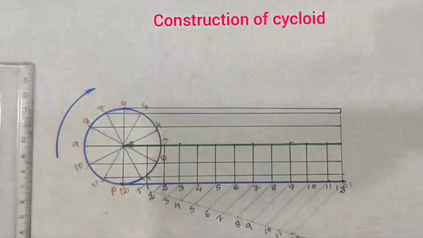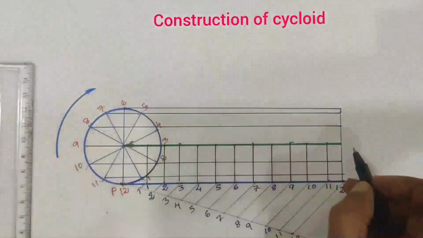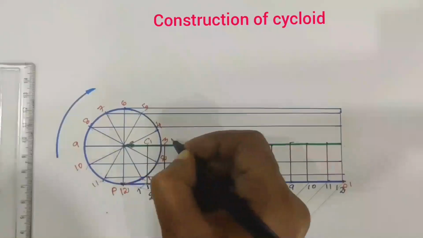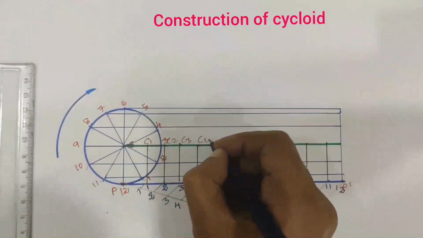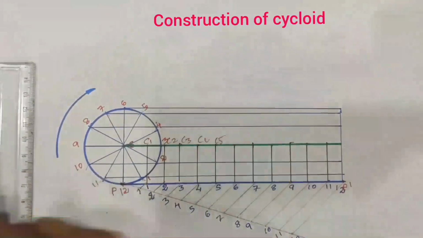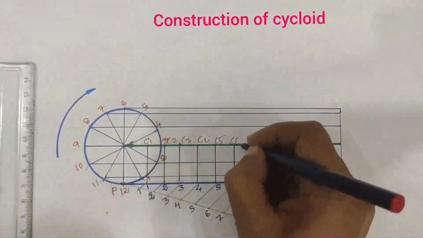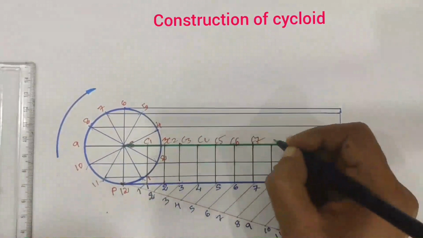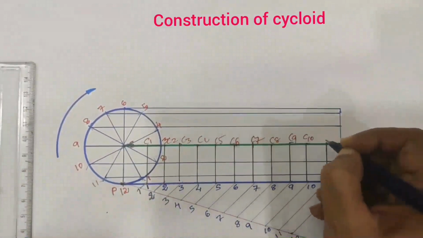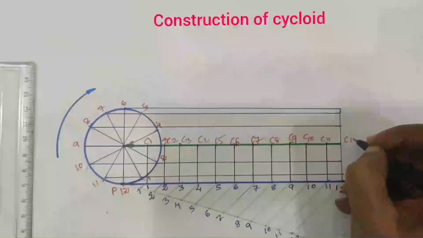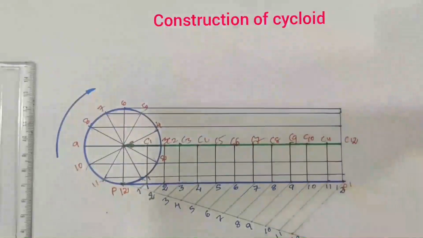Then give numbering on the locus of path line, say C1, C2, C3, C4, C5, C6, C7, C8, C9, C10, C11, C12.